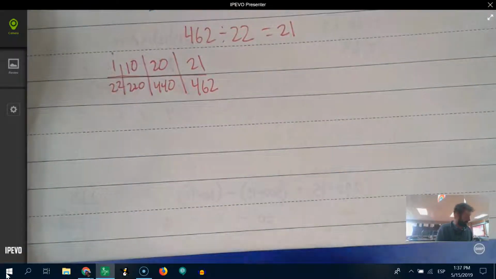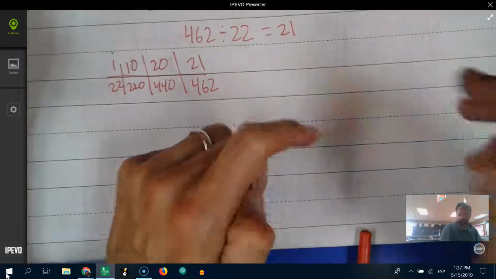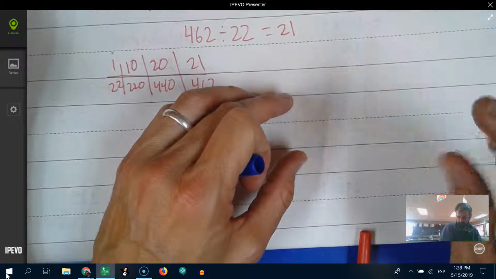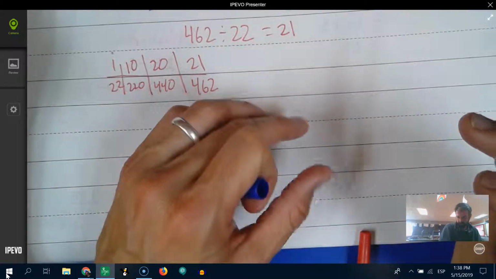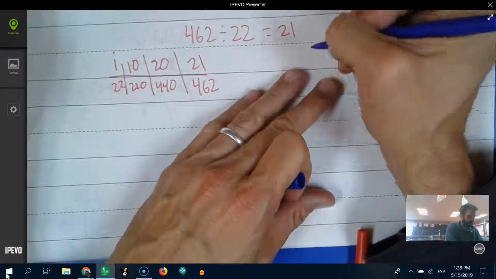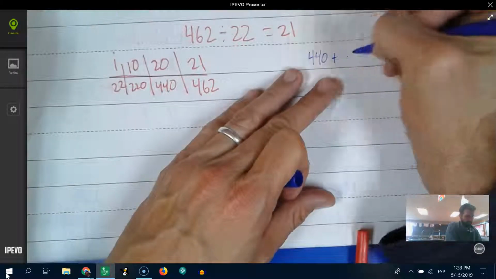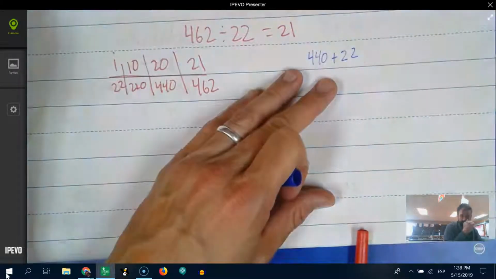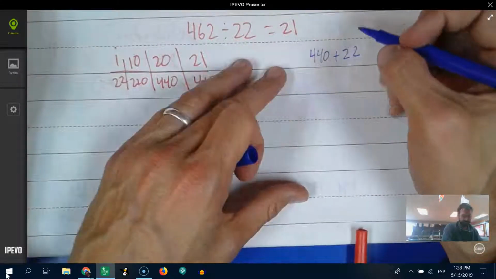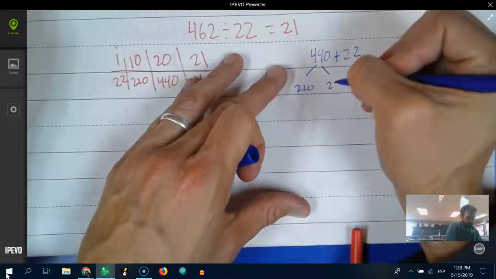Or maybe you did this. Maybe you're like, yeah, I feel good. I feel like 220, 440, all that stuff, and split it into division. Maybe you saw 462 as 440 plus 22. And you could have either seen 440 and gone, okay, I know what that is, or you could have split that up even more to 220 and 220.